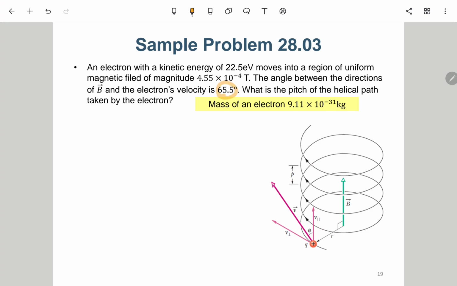So this is V, the velocity of the electron, and this is the B field, with 65 degrees between them. In such a case, what is the pitch of the helical path taken by the electron?